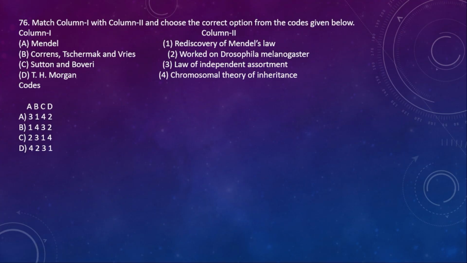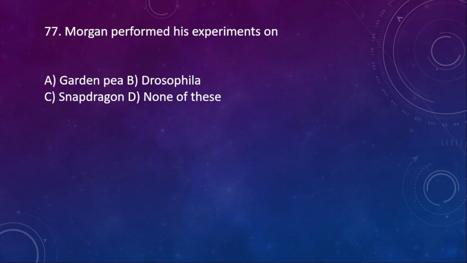So A is 3, B is 1. Again answer 1. Morgan performed his experiments on garden pea, Drosophila, snapdragon, none of these. Here the right option is option B, Drosophila.